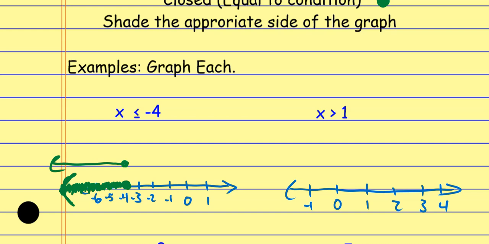It's not saying that I can equal 1, so I do an open dot now at 1. It's saying I can get as close to that point as I want, but I can't actually use that one. It's not part of my shading, so I'm going to leave it open. And then greater than means bigger values, so that's values like 2 or 3 or 4, so I shade this end of the line. I shade where those values are.